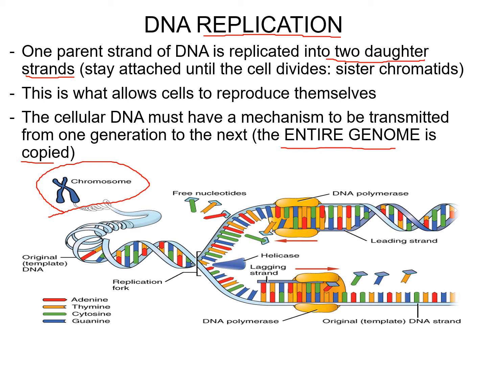And if you uncoil them and unravel them, as you can see in the picture, you get millions and millions and millions of these letters, these nucleotide bases, or nitrogen bases, all those A's, T's, C's, and G's that we learned about. So in order to replicate, we have to unwind this DNA, and we have a special enzyme that helps us do this.